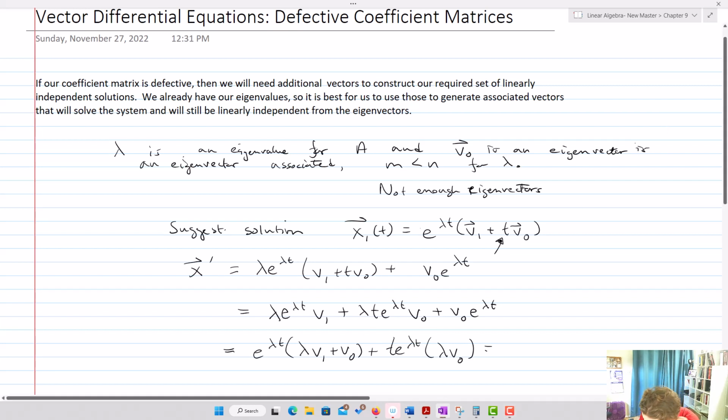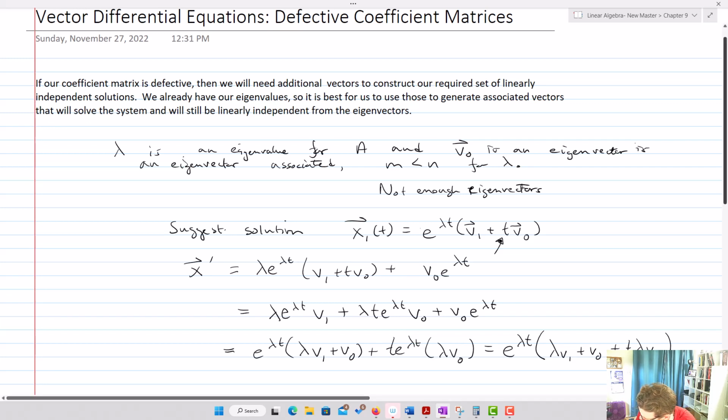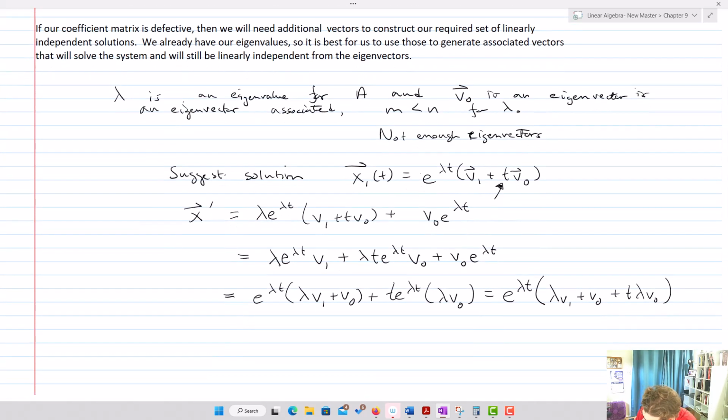I can pull these out further and make this e to the lambda t times (lambda v1 plus v naught plus t lambda v naught). A couple things that I do know: this last part will end up being A v naught, because we know that v naught is actually an eigenvector.